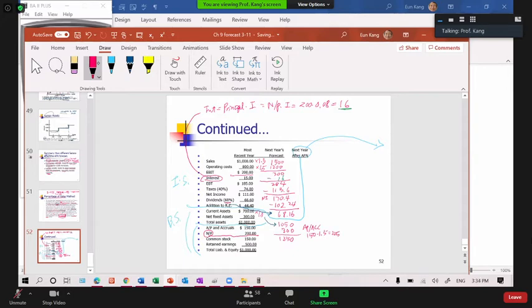And how about NP? Stays the same. Check. This is a financial decision, it doesn't go up with your sales. Different decision. So 200.